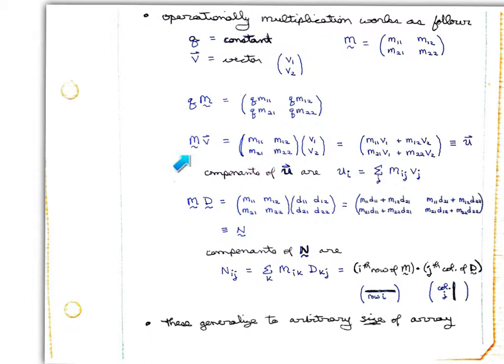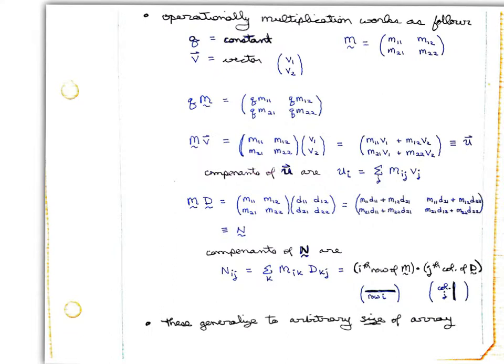Multiplying a matrix by a vector gave me a vector. Multiplying a matrix by another matrix yields another matrix. And here, if I call this one N, I can see that the individual components of the new matrix N correspond to multiplying row I of the original matrix M by column J of the original matrix D, and that's how I get an IJ component.